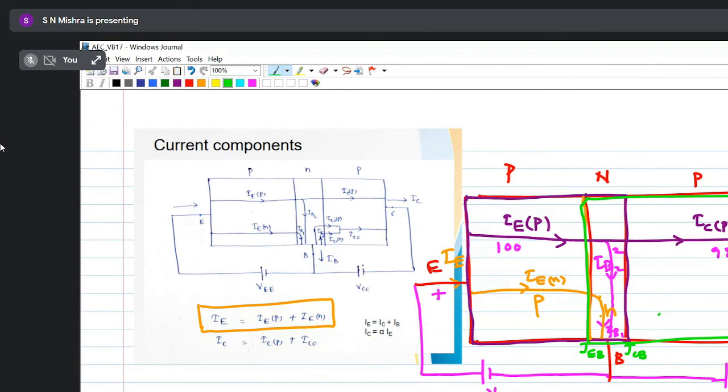Electrons. So electrons can easily flow to base region, and holes in the base side can easily flow to collector side. Understood?